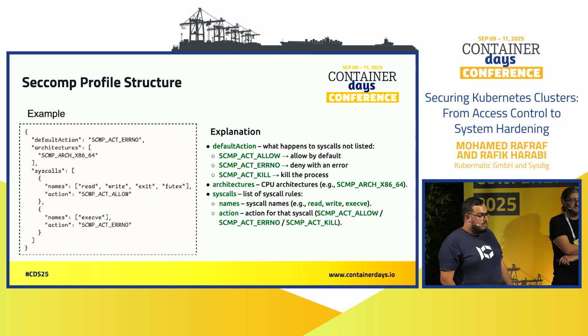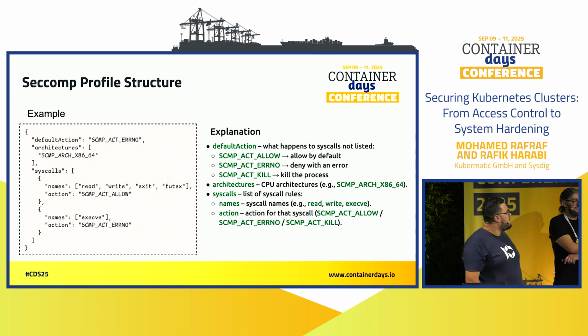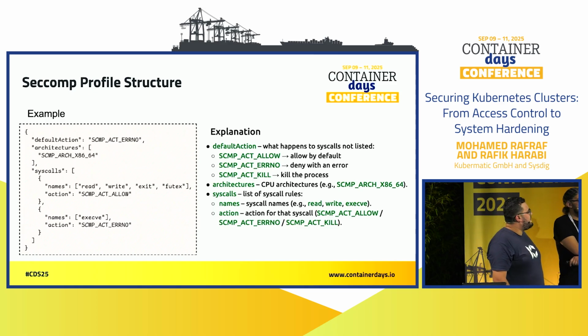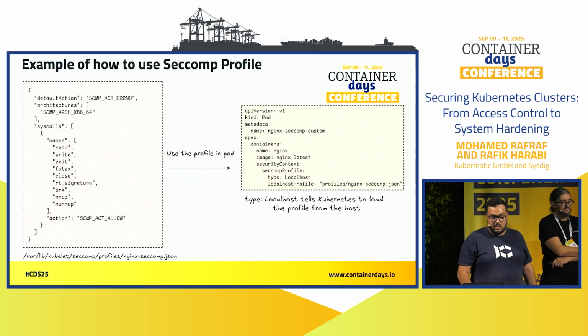Also, we have architectures, where we specify our CPU architecture, and next, as you can see, we have syscalls, where we specify the list of syscalls that we want to allow for our profile, and we can block others.